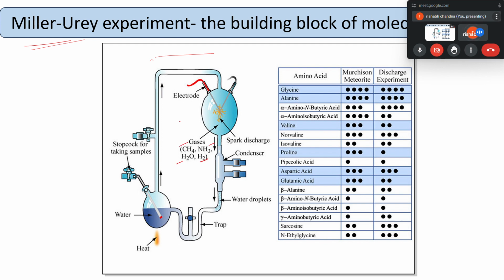These were the gases majorly present in that atmosphere, and it was done at a very high temperature. So when the explosion happened, due to the presence of these gases, spark and the temperature conditions, some organic compounds would have formed in water.